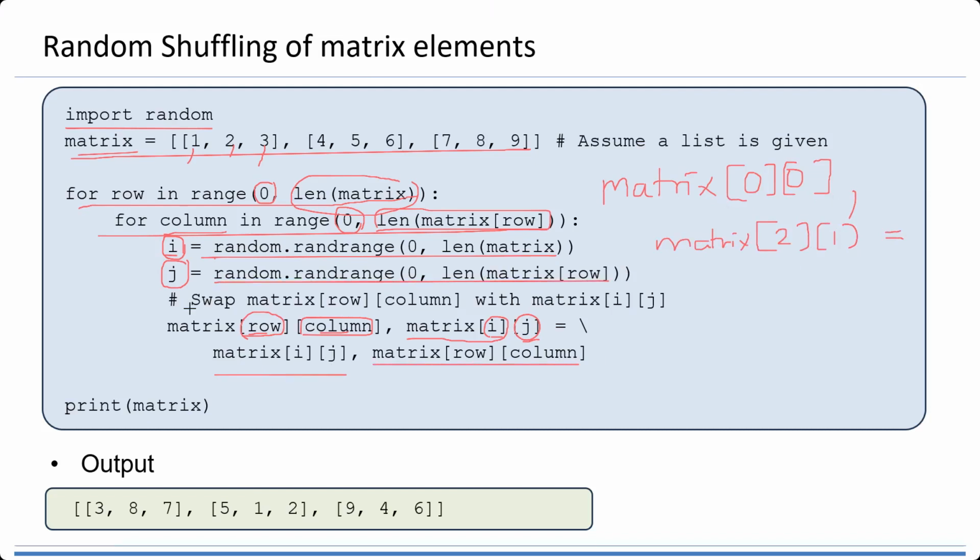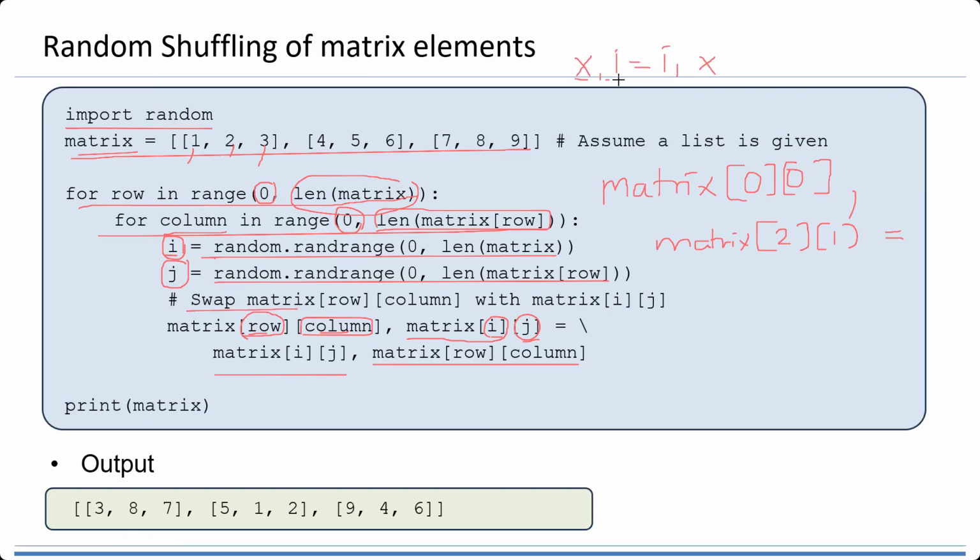You know how to swap. You still remember? There is one question in the exam. Okay? When we have x, i equals i, x, it means we want to swap the values.